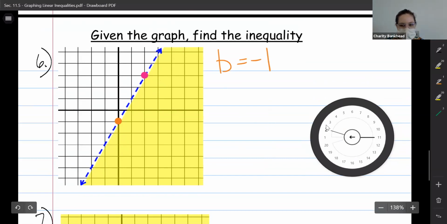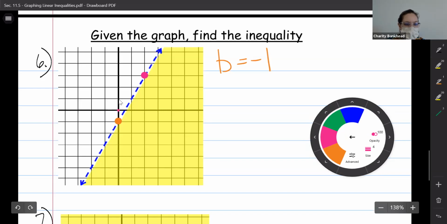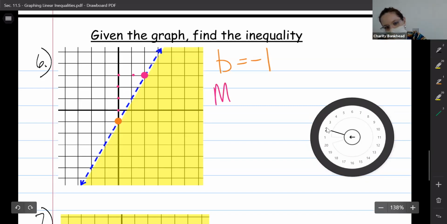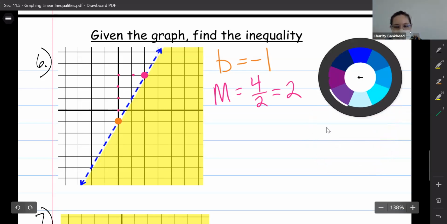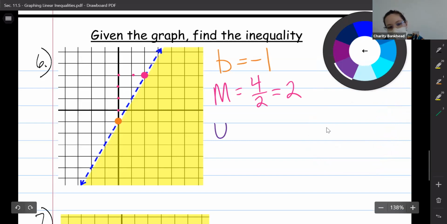And then I'm just going to count. So I have to go up 1, 2, 3, 4, and over 2. So I went up 4 over 2, which is just 2. And then just put that into your slope-intercept form. So y equals 2x minus 1.